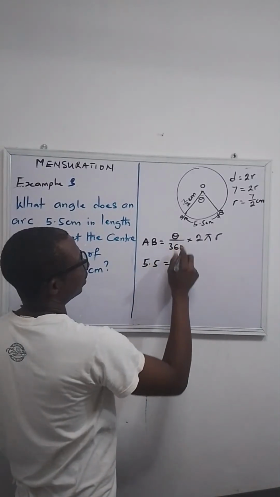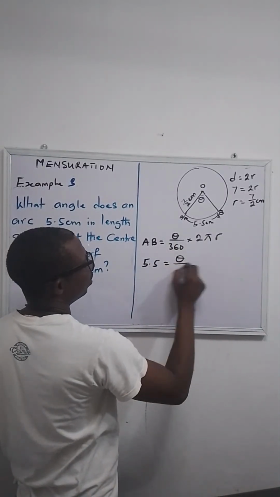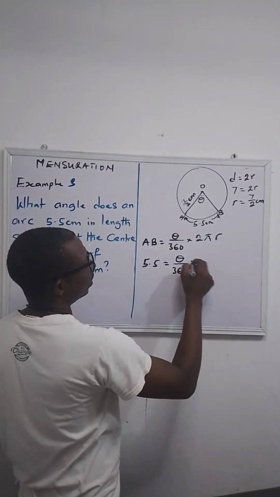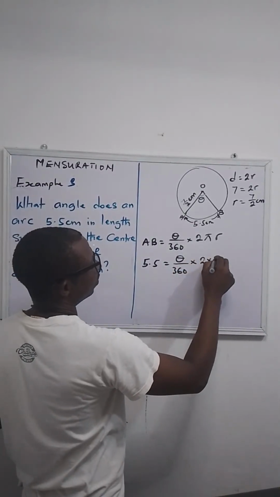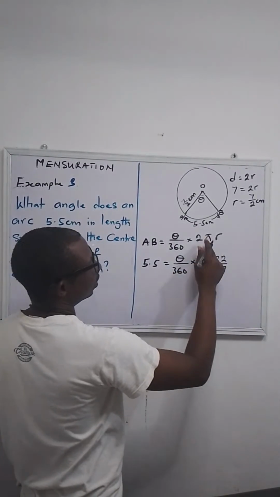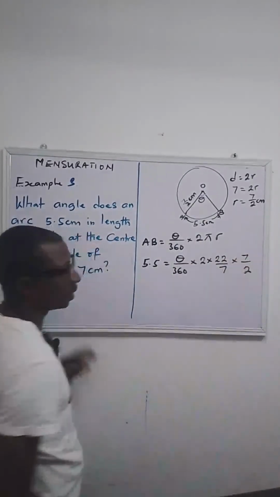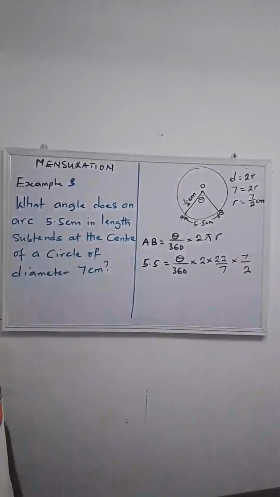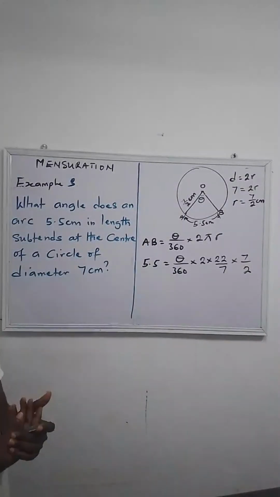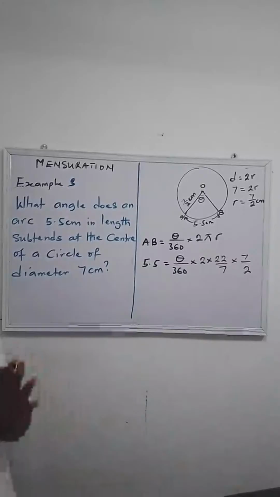So now the length AB has been given to be 5.5. And I'm looking for theta here, over 360 times 2 times 22/7 as pi times 7/2. Can you see that now? All right. We have to be very careful when simplifying.